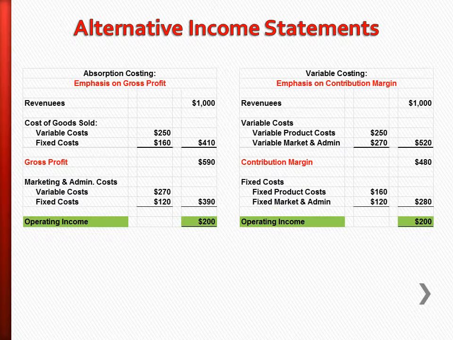That is the amount of monies available to cover fixed costs, such as fixed product costs like rent and depreciation on manufacturing facilities, and fixed marketing costs, salaries, and rent at corporate headquarters. The contribution margin is the amount available to cover those fixed costs.